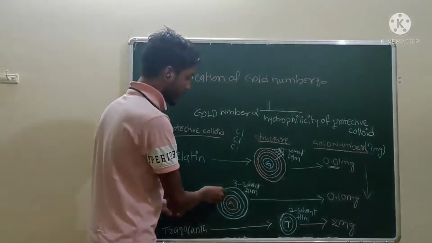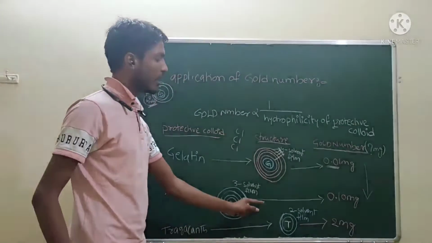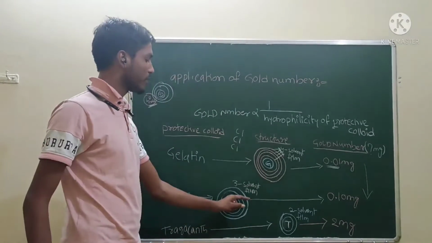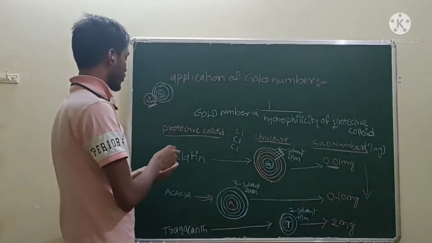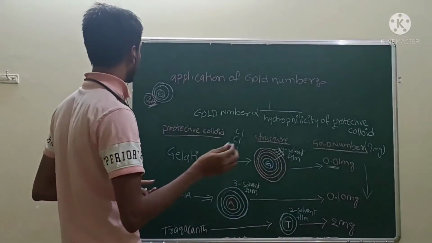The same three chloride ions remove the solvent film and make the lyophobic colloidal system unstable.